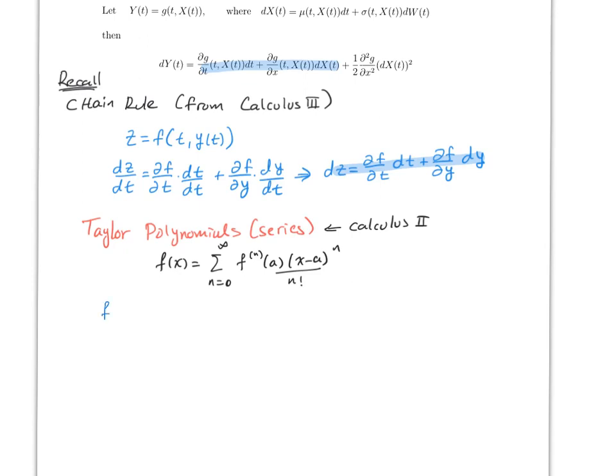very common way to write this, especially in numerical analysis, is this.